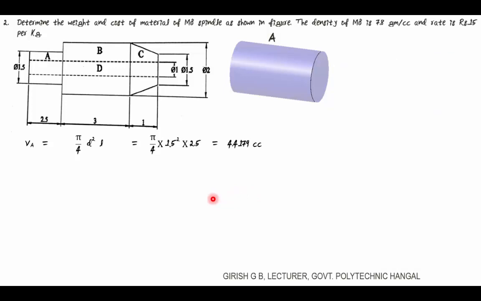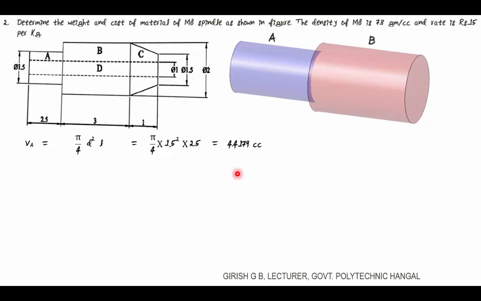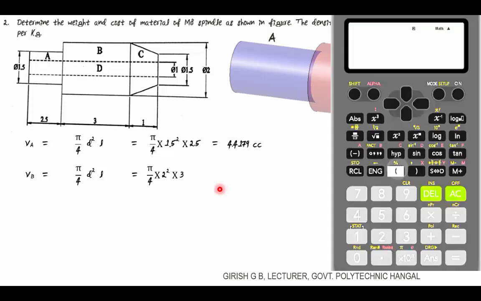The next step is to obtain the volume of the second part B. It is also a cylindrical part. The same formula is utilized for calculating the volume of B. Substituting the values for B. B is having a diameter of 2 centimeter and length of 3 centimeter. Calculating the value, into the bracket, pi divided by 4 into 2 square into 3 equals, let's store this value to B. The value obtained is 9.424 cc, cubic centimeter.